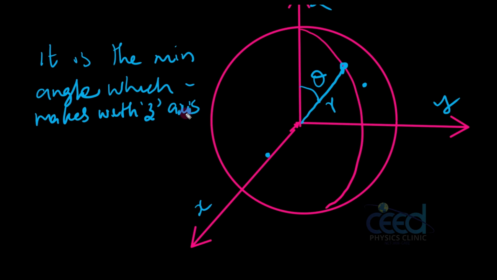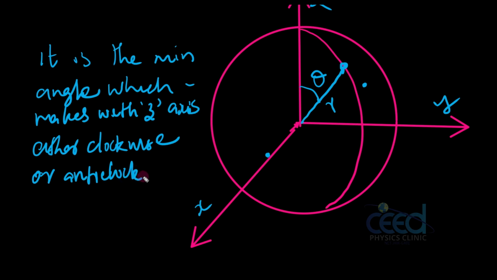Either clockwise or anti-clockwise. See, so here the definition is, suppose you have a point here, look at this point. Then this is your r, right?